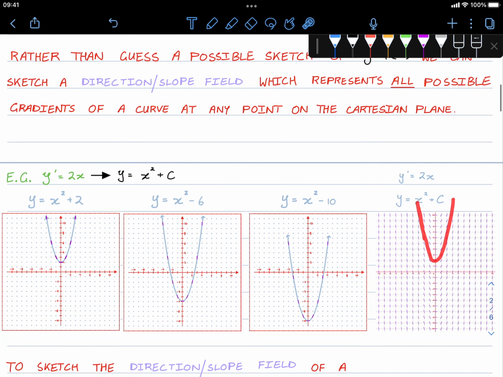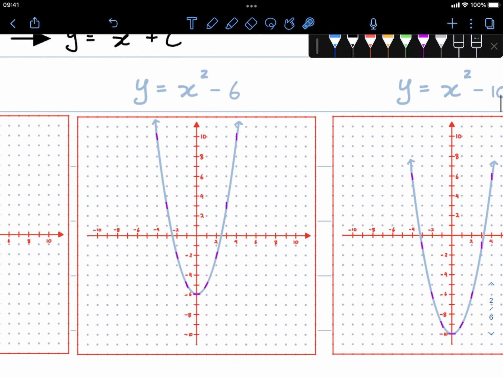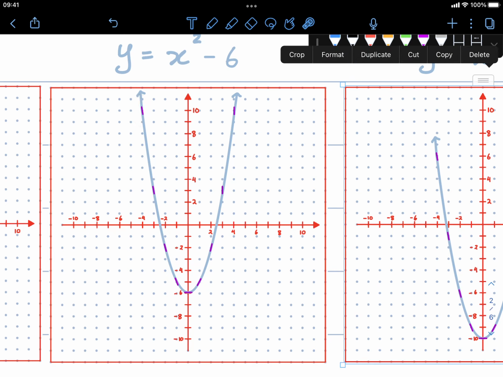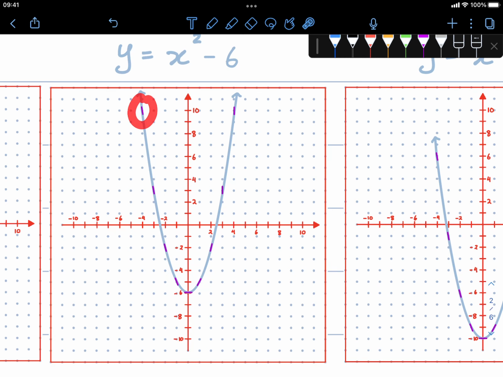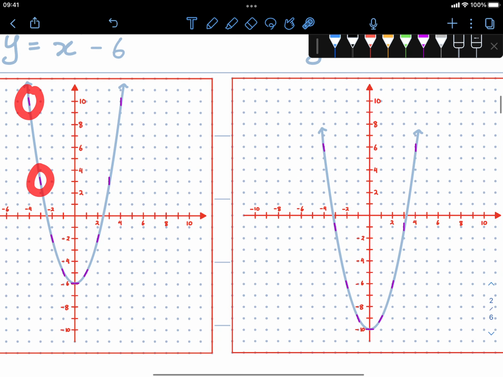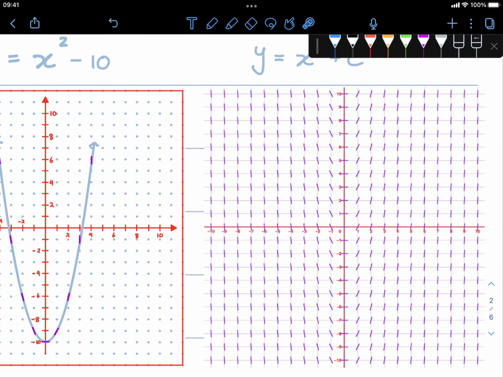sketch of the function. Okay, so I'll demonstrate one more time. (-4, 10) would be this tangent, and I'm going to combine that with (-3, 3). These two tangents here, this is the first one, and the second one would be this one.